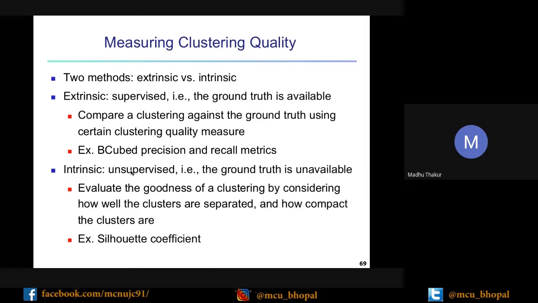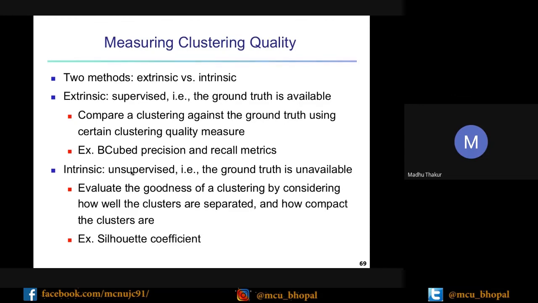Or intrinsic is the unsupervised case, where the ground truth is not available. It evaluates the goodness of the clustering by considering how well the clusters are separated and how compact the clusters are.